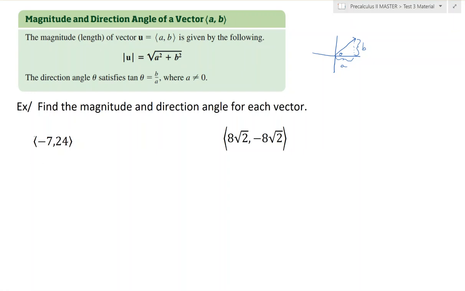So if we want to call this vector U, then the magnitude of vector U is the square root of the square of the horizontal component plus the square of the vertical component. And so then I have 49 plus 576 under my square root.